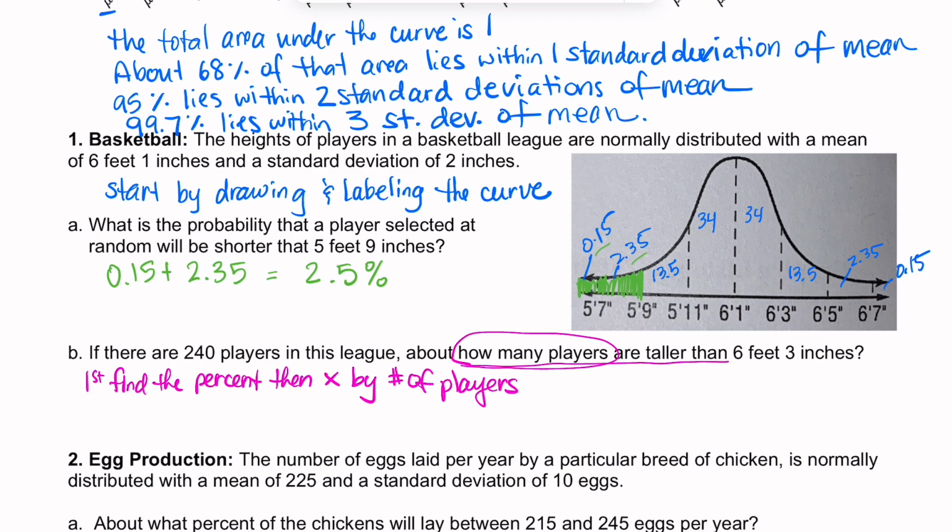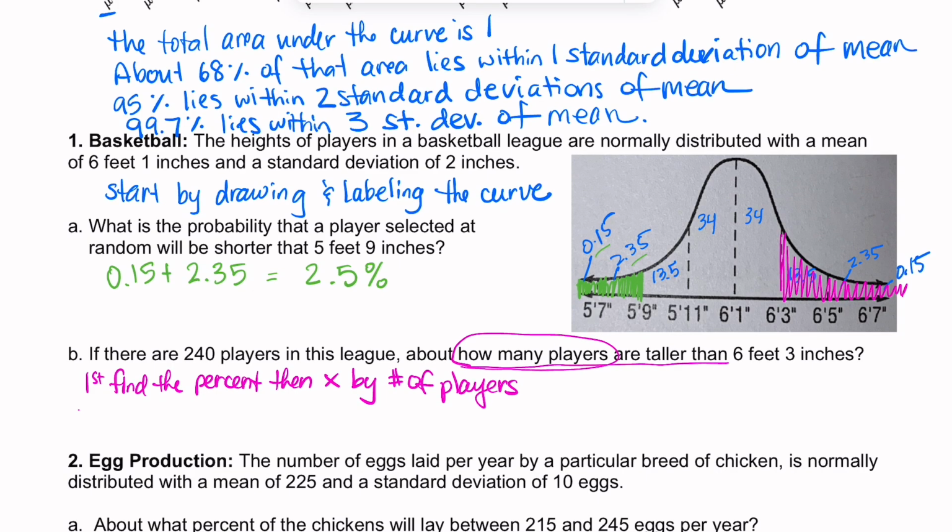How many players are taller than 6'3"? Well, that's all this area here. So we add that up, 13.5 plus 2.35 plus 0.15. So that's going to be 16% of the players are taller than 6'3".